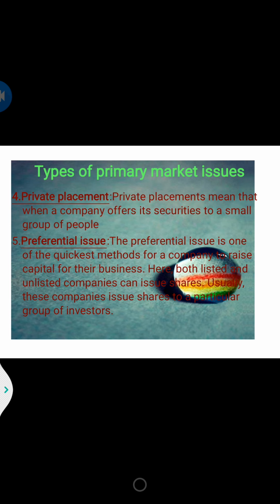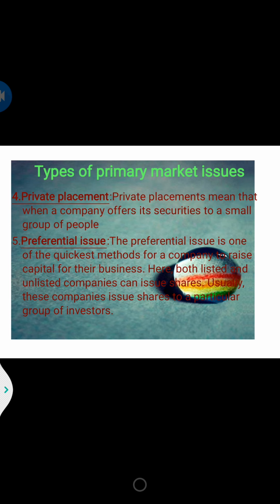Here both listed and unlisted companies can issue shares, usually to a particular group of investors. It is important to note that a preferential issue is neither a public issue nor a rights issue. So it is a preferential allotment.